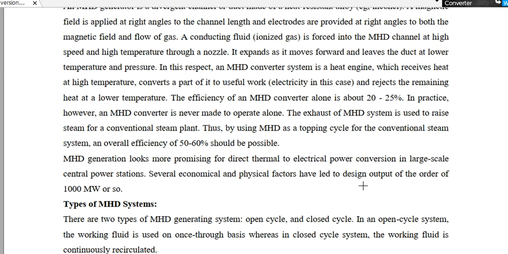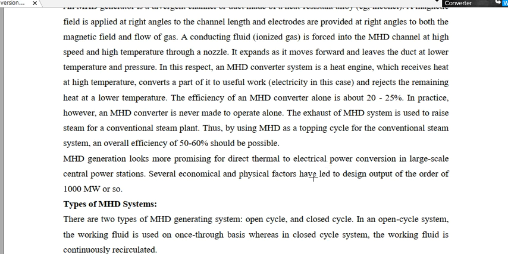And as the working fluid used in the MHD generator has very high temperature, it can be further used to generate steam for a conventional power plant. And the combined processes can give us a conversion efficiency of 50 to 60%.